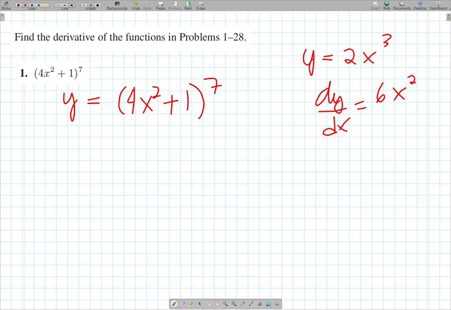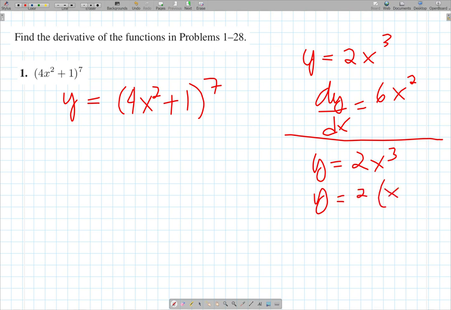Pero mas maganda class pag implicit ang gagamitin natin. For example, kopyahin natin ulit y equals 2x cube. So deriving this equation both sides using implicit, derivative of y is dy.